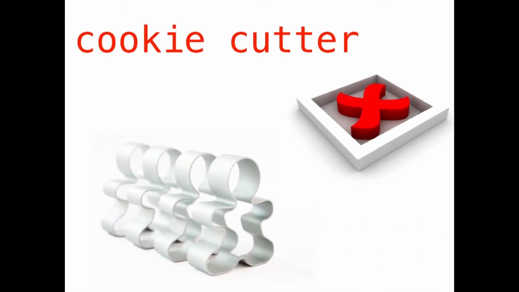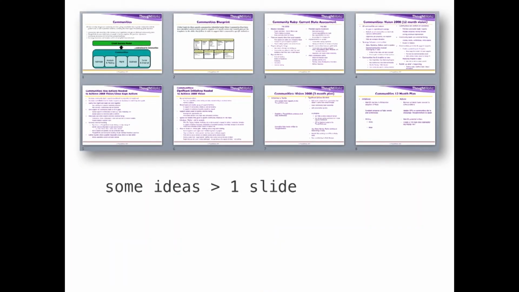And the first one of these is an anti-pattern that we call the cookie cutter anti-pattern. And this is a trap that a lot of people fall into when they use presentation tools like Keynote or PowerPoint. The point here is that some ideas are greater than 1 slide's worth of volume. In fact, most ideas are greater than 1 slide's worth of volume.